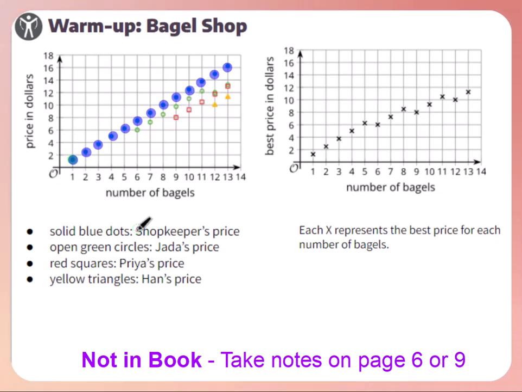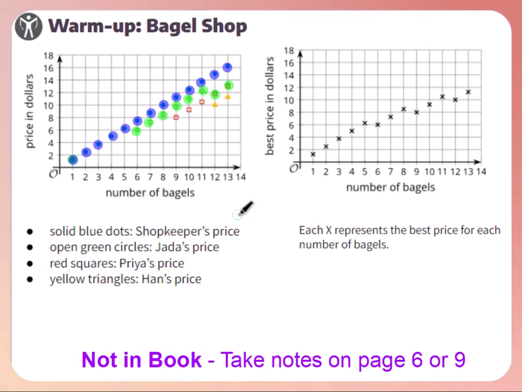All right, now the blue dots are the shopkeeper's price. You can see his price is always higher, but the open green circles, that's Jada's reasoning. So from what we just looked at, she starts getting lower in price around 6 bagels. Still going up, and then it goes down at 12 and still a little bit lower at 13 using her reasoning.